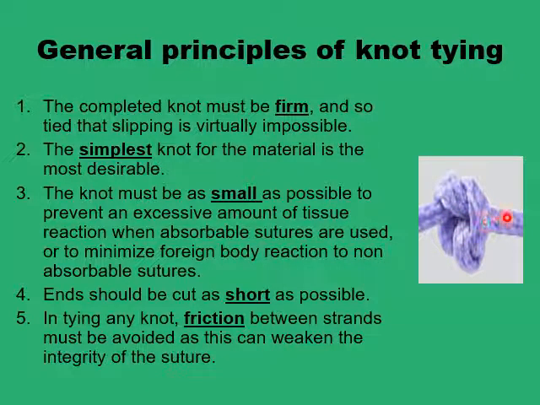And also the ends of the suture should be cut short after finishing the knot to prevent adding further bulk and foreign body material, particularly in buried sutures. The loose ends of the suture after it has been knotted can cause enough friction to loosen the knot. So that's why they should be cut as short as possible.